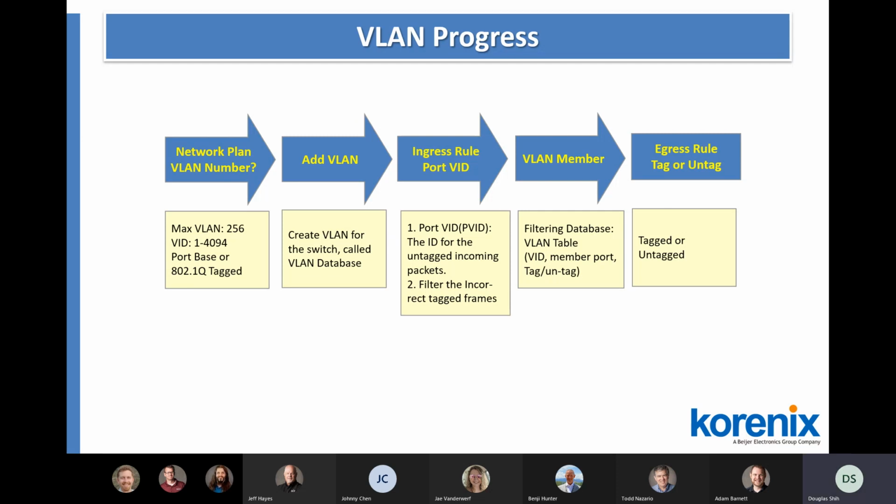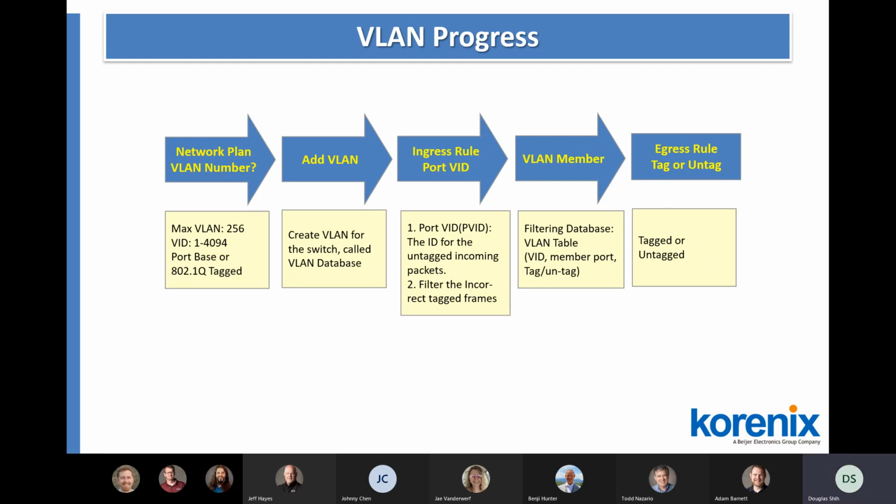For the VLAN ID, we can use VLAN 1 to VLAN 4094. Also, we can use port-based or 802.1Q tag, the different types. But usually we suggest using the 802.1Q tag, which is more common in the world.